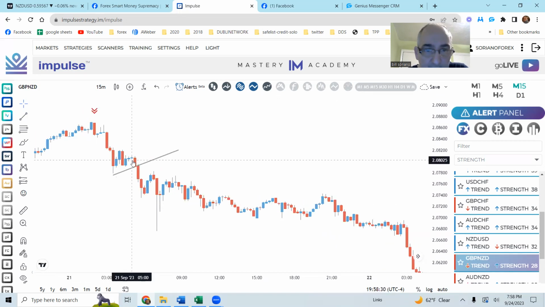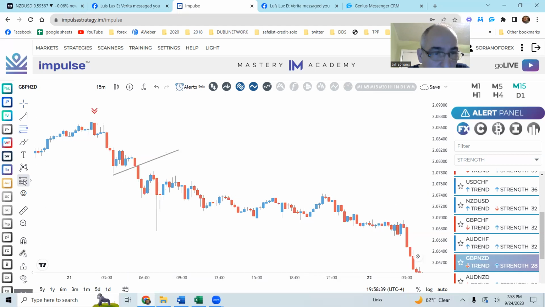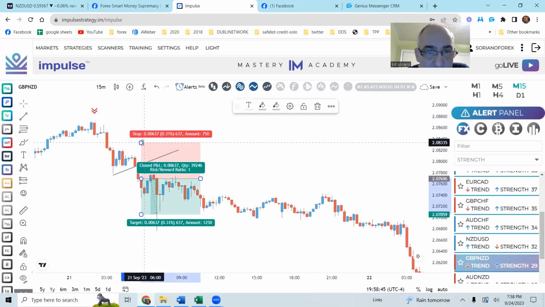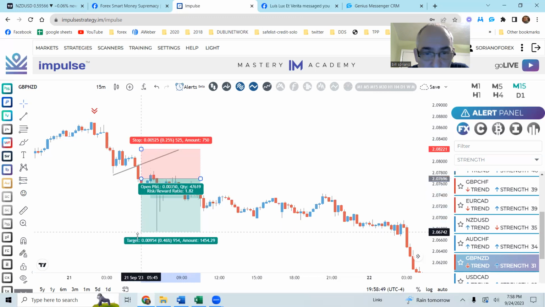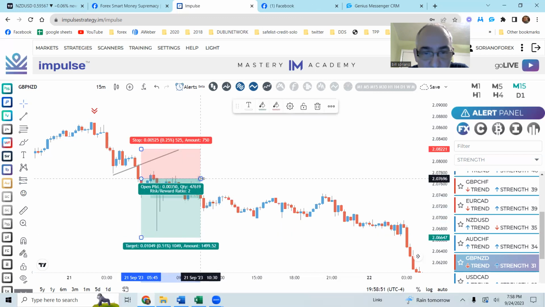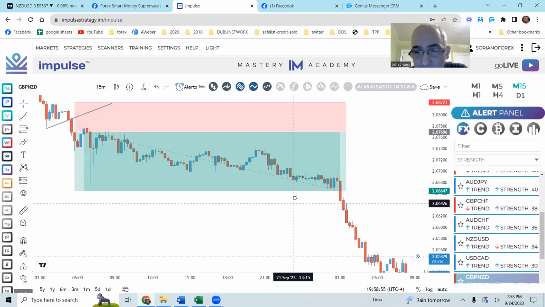And you can see if you wanted to get a 1 to 2, let's say you wanted to get in a short position right there, and let's say you put your stop loss right here. Then in order to get a 1 to 2 risk to reward ratio trade, price just has to move down to there and you would be out of the trade.